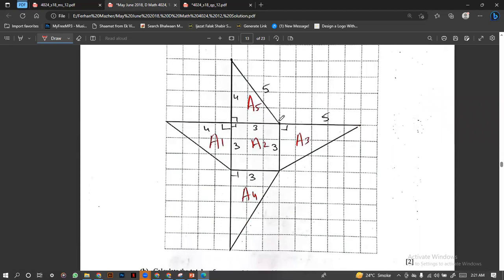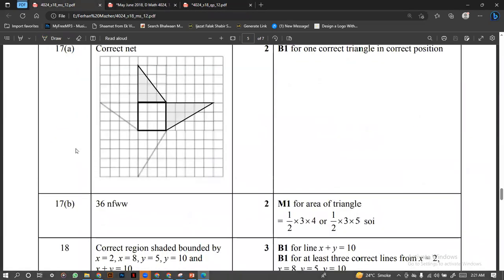This is 4, this is 5, this is 3, this is 4, this is actually 5, this is 3, because this is 5, so this will be also 5. 1, 2, 3, 4, 5. And this is 5, this is 3, so this is how you draw it. This angle will be also 90, this angle will be 90. So this is the correct grid. Net, we call it the net of that pyramid.